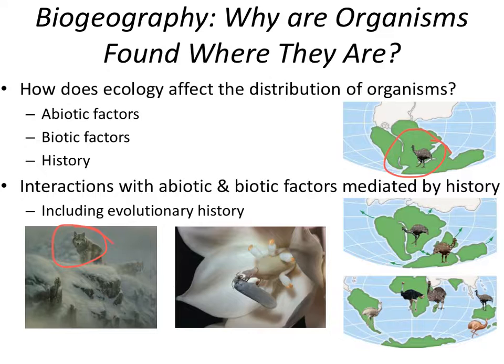And so now we have ratites: rheas in South America, ostriches in Africa, plus elephant birds that are extinct, emus, and moas in Australia and New Zealand, and also cassowaries.